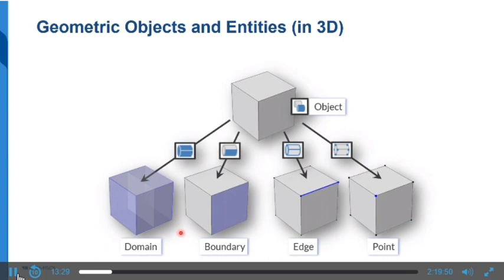So for example, in 3D space dimension, the volumetric or the 3D space itself is the highest dimension, and hence volumetric entities are considered as domain. The next level is 2D, that is the surface, and in that case the surfaces will be considered as boundaries. Whereas if you are working in a 2D environment, the highest dimension is 2D, and in that case the surfaces will be considered as domains and the edges will be considered as boundaries.